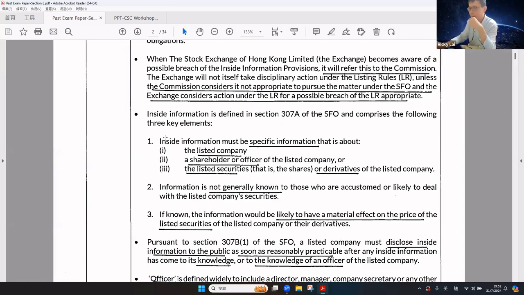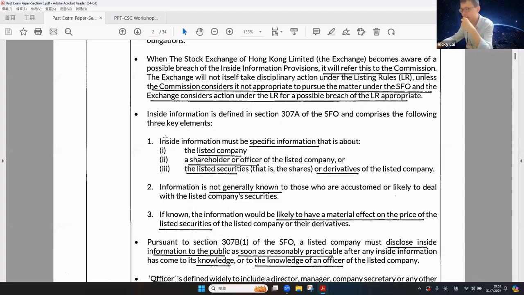More importantly, what is inside information? Please recall section 307A of the SFO. Inside information must be specific information that is about the listed company, a shareholder or officer of the listed company, or the listed securities, that is the share capital, or any derivative of the listed company.